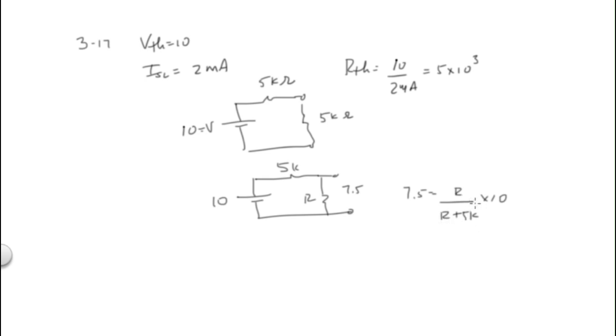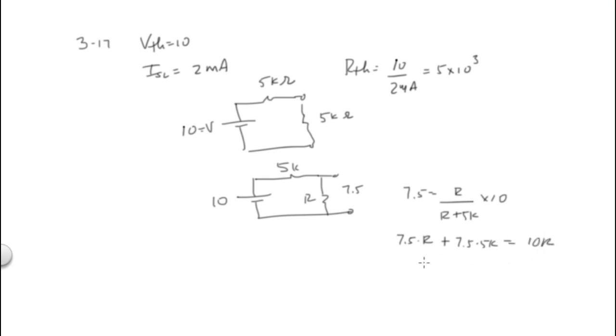Everybody see how you can use voltage divider and use an unknown resistance? That's exactly what you do here. So it's R times 7.5 plus 7.5 times 5k is equal to 10R.